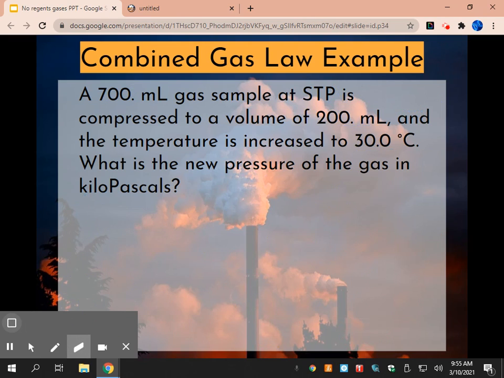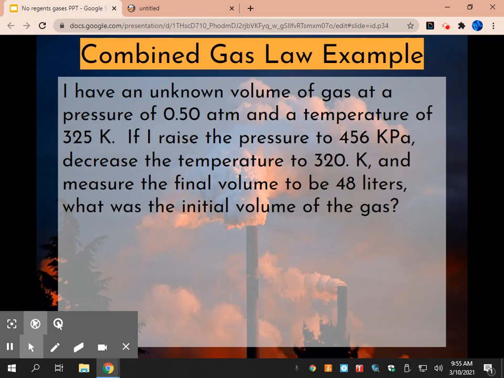Okay, let's look at the next problem. I have an unknown volume of gas at a pressure of 0.50 atm and a temperature of 325 Kelvin. If I raise the pressure to 456 kPa, decrease the temperature to 320 Kelvin, and the measure of the final volume to be 48 liters, what was the initial volume?